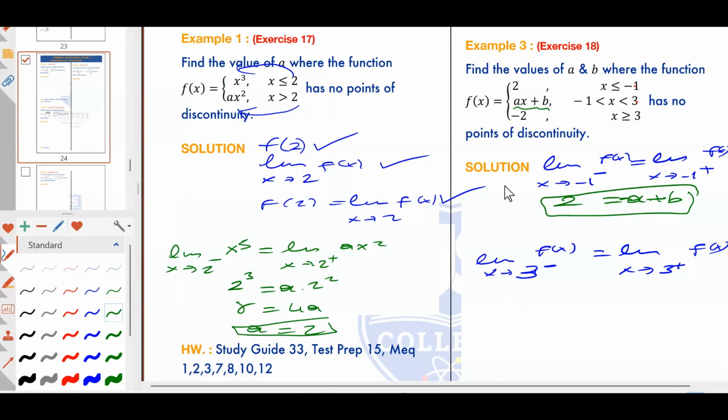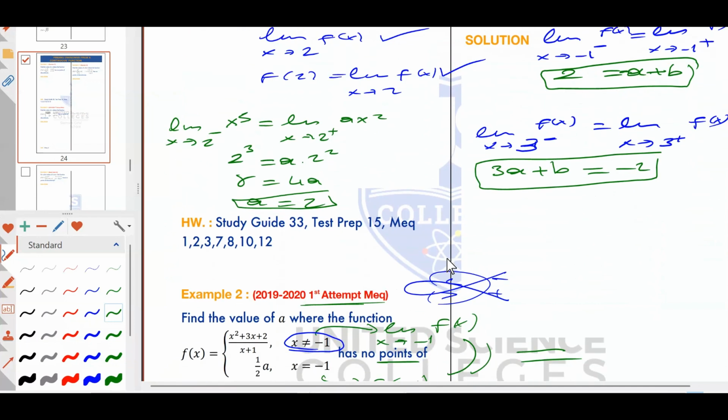Insert 3 for x, so 3a plus b equals the right-sided limit. The greater than 3 condition gives the right-sided limit, which is -2. So this is another equation. So I got 2 equations. I still have 2 unknowns. How am I going to find the unknowns by using 2 different equations?